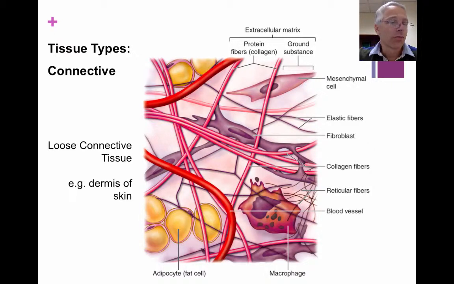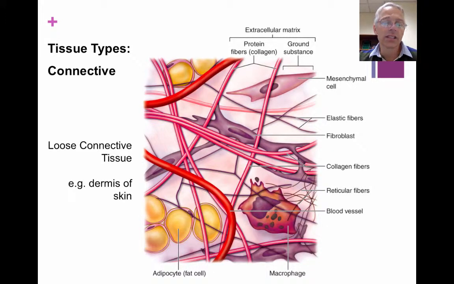Connective tissue is found in just about every major organ of the body, and we'll see some examples of different types of connective tissue. The picture that's on this page is showing loose connective tissue like we see in the dermis of our skin. That's the under layers of our skin.